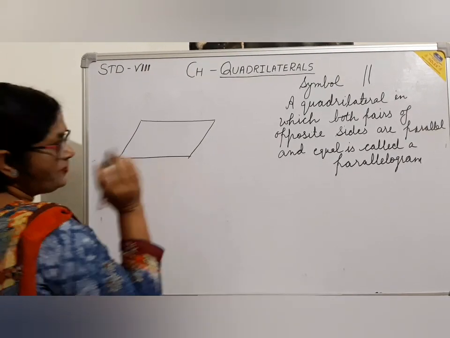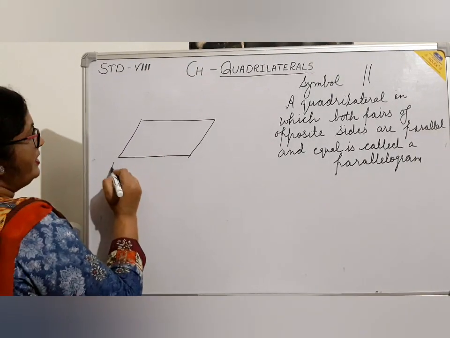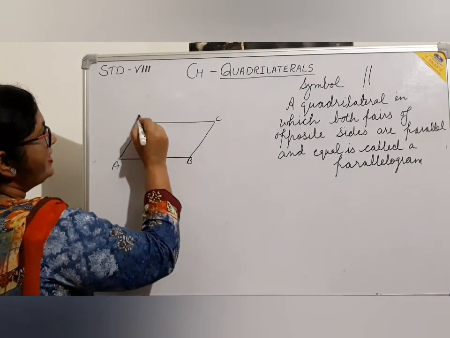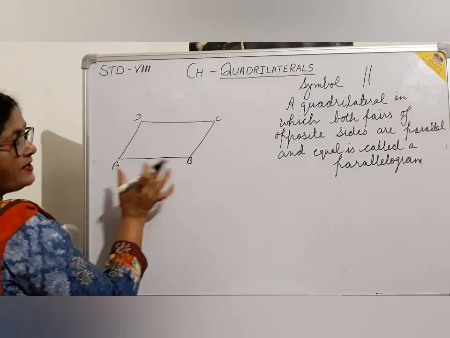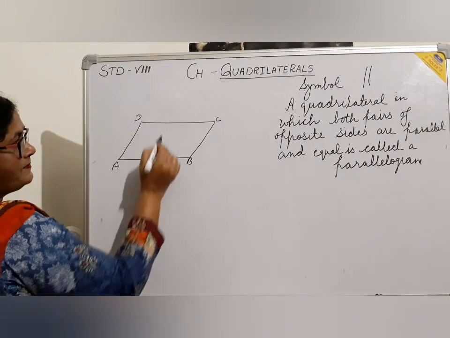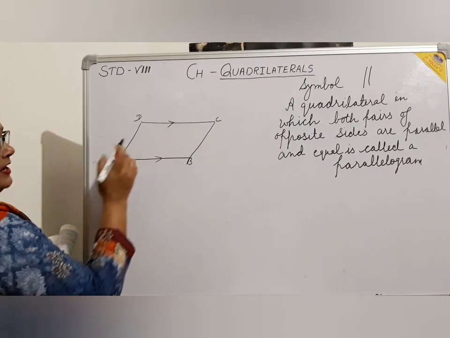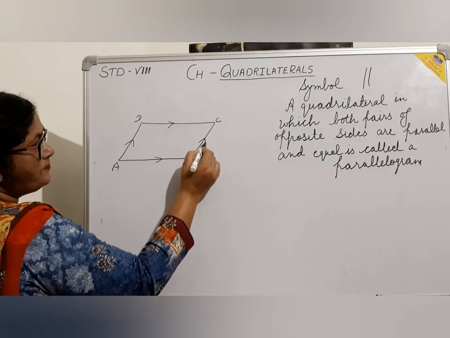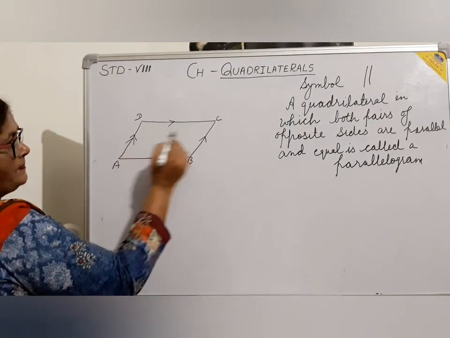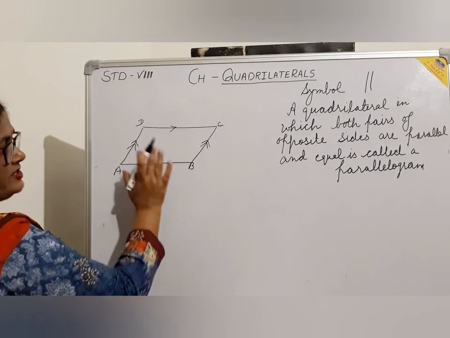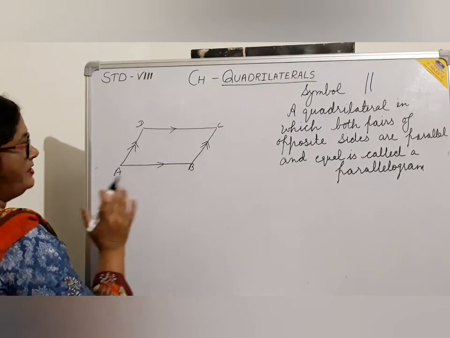It is a parallelogram A, B, C and D. Its opposite sides are AB and DC, and the second pair AD and BC. It is called a parallelogram.